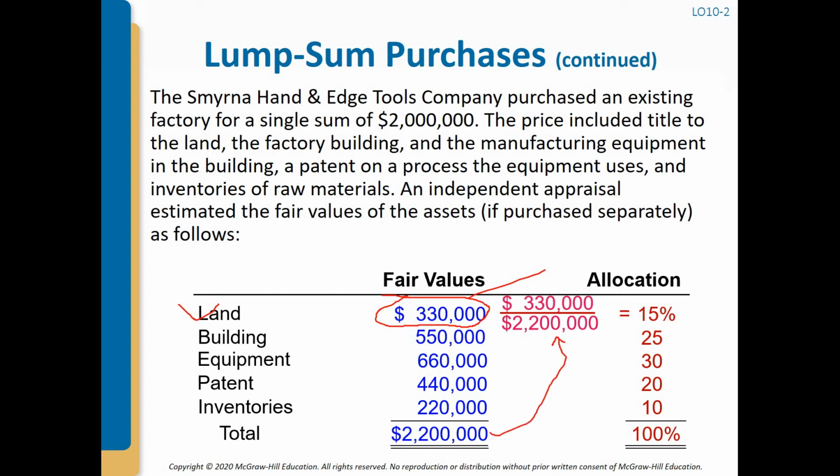So the value of land is 15% of the total value. This 15% of the 2 million will be allocated to land.